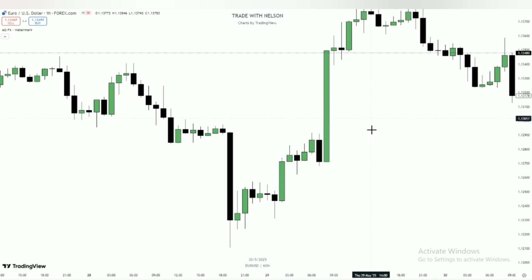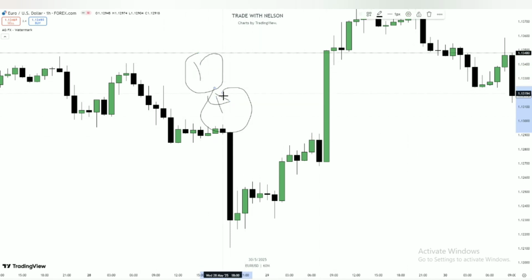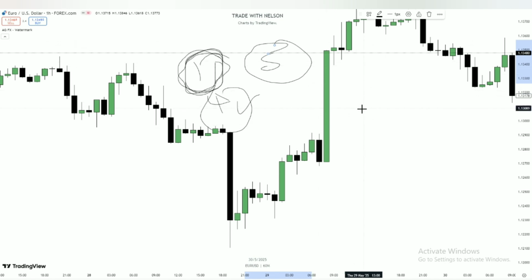So as I said, you don't need the daily to determine your direction in this strategy. All you need is just the 1 hour time frame or the 4-hour time frame. I was only trading after the news. The reason why I do that is because before the news, market can be a little bit choppy, and when the news comes out, the real move will happen.